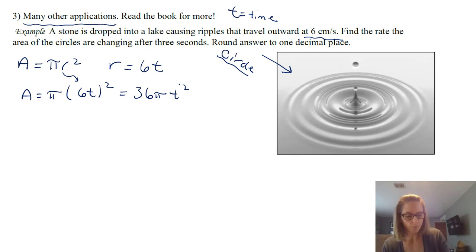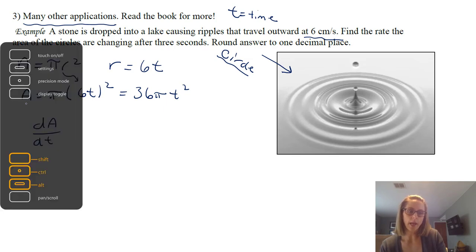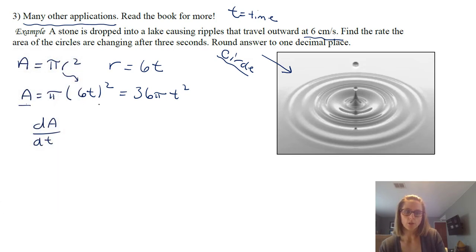So if we were to take the derivative of this, dA/dt, the derivative of A with respect to time, which is our independent variable here, we'd be looking at just this piece, and we would use our basic power rule and bring the 2 down.